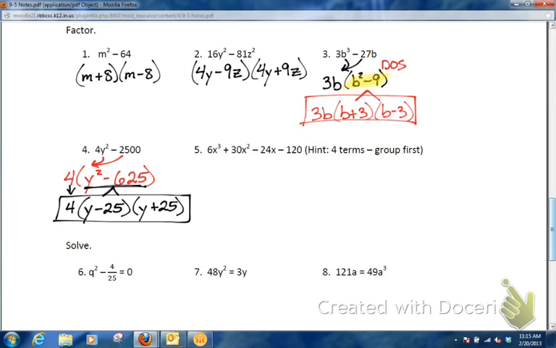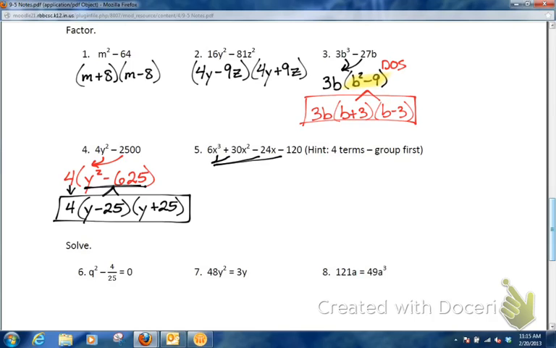So, next problem, 5. I gave you a hint there. 4 terms means you're going to group factor. So, again, first you're going to look for a GCF. You're going to ask what all 4 of these terms have in common. And right off the bat, I'm seeing a 2. But, again, if I look closer, I'm actually seeing that they all have a 6 in common.